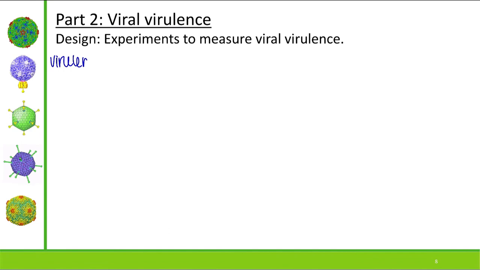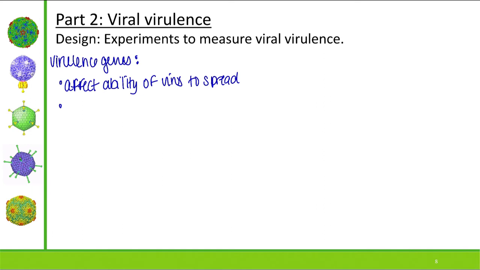So when we have virulence genes, they're going to fall into a couple different categories. They're going to fall into categories that affect the ability of the virus to spread. They're going to fall into a category of potentially modifying the host's defenses.